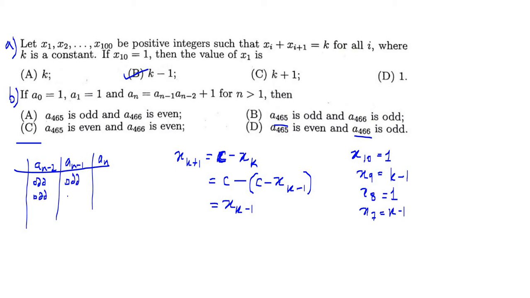It can be odd and even, then even and odd, and even and even, right? So if both a(n-1) and a(n-2) are odd, then the multiplication is also odd. Then if you add another odd number, 1 is an odd number, right? Then we'll get an even number.